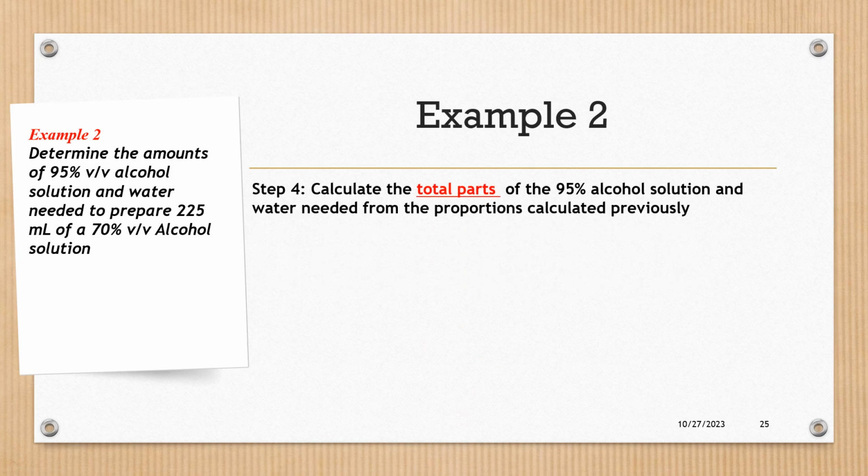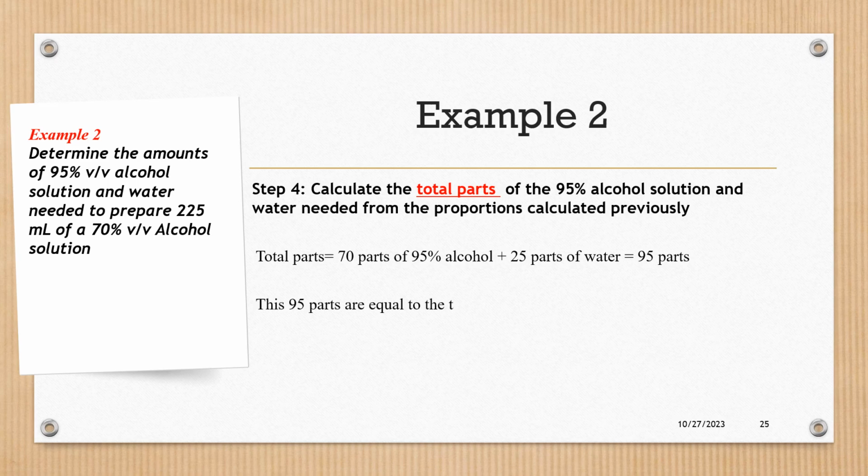In terms of what those total will look like here, 70 parts, 25 parts, and you have the stocks listed there as well. Now, when we look at step 4, here we calculate the total parts of the 95% and the water from the proportion that we worked out earlier. So here, 70, 25, and that total is 95 parts. Now remember, what we set out to make is 225 mL of alcohol.